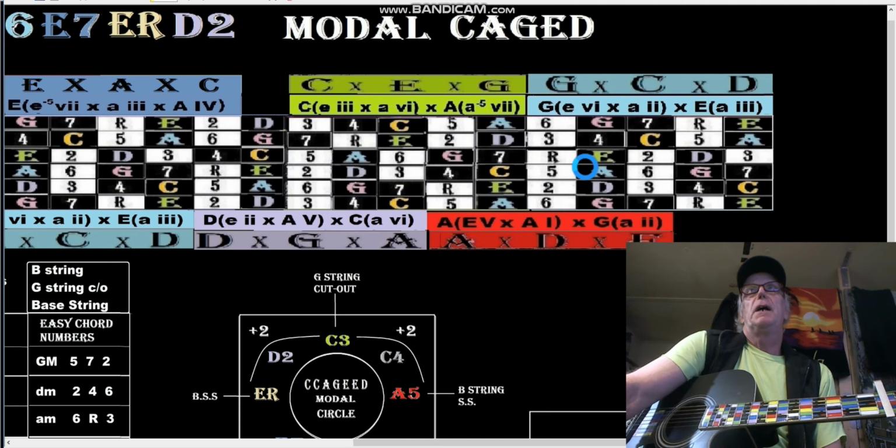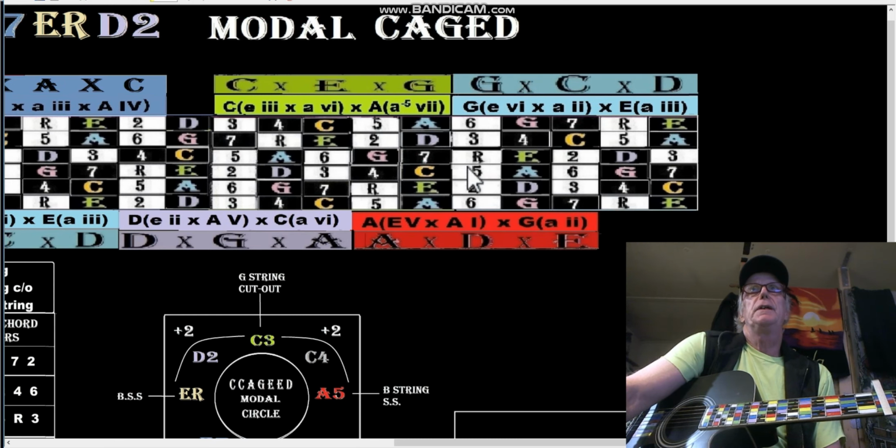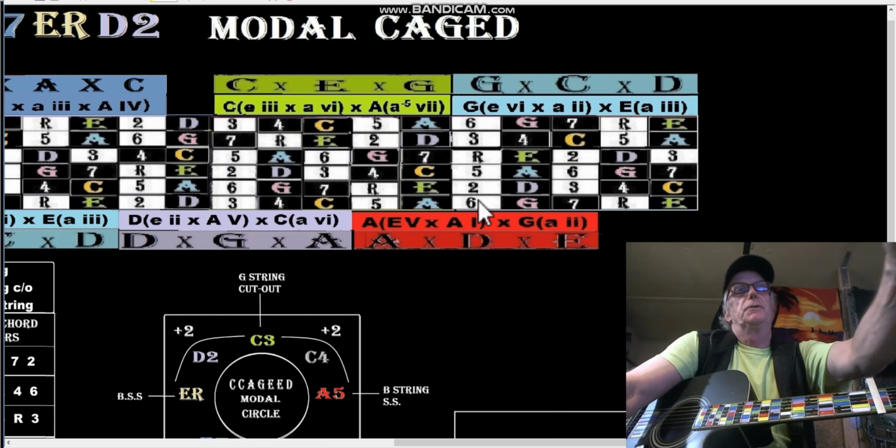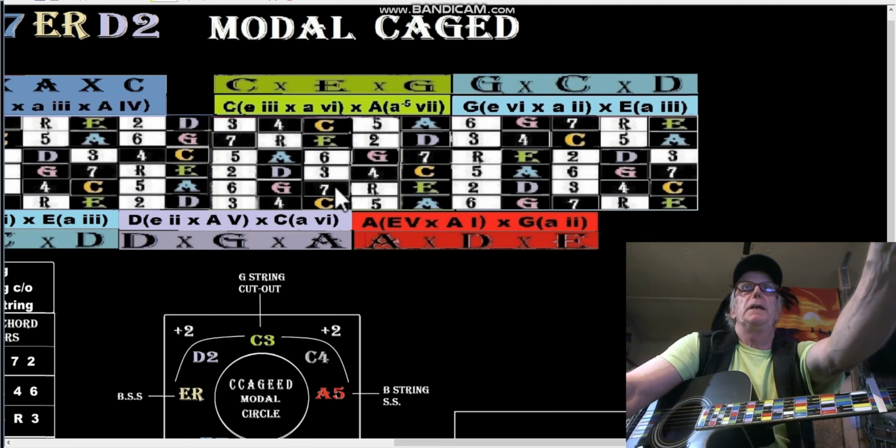So in the A box here, we have our A-shaped C, 5 root 3, and then we're going to have a C minor shaped D minor, 6 root 3. Sorry, that would be G shaped. 6 root 3 would be a G shape there.